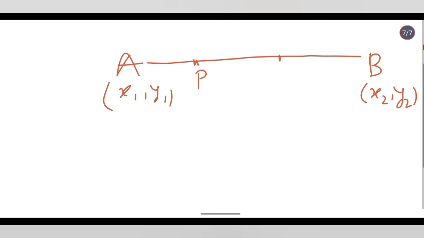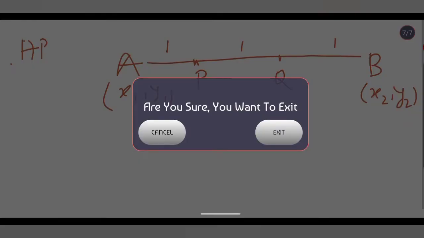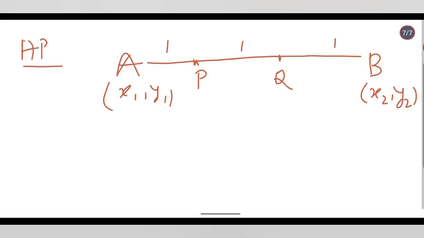Let us look at point P and the next point Q. Trisected means this is part 1, this is part 1, and this part is also 1. And simply for the coordinates of P, we can write AP by PB equal to 1 by 2. So here we apply the internal division formula for P.